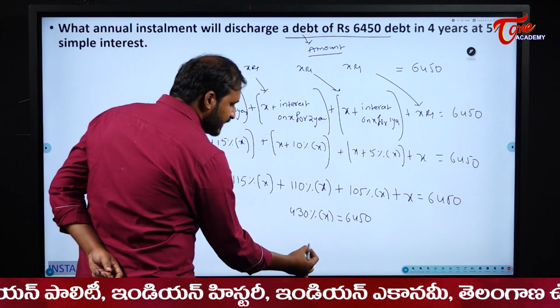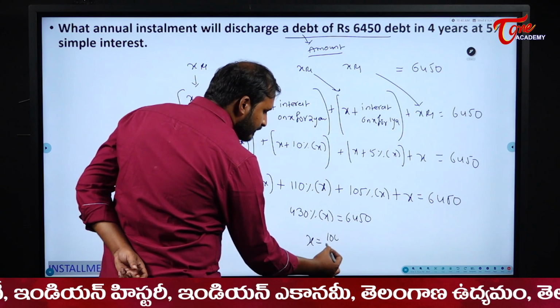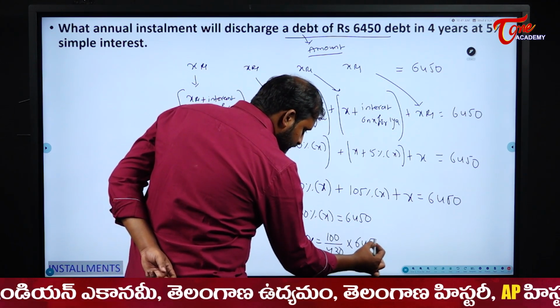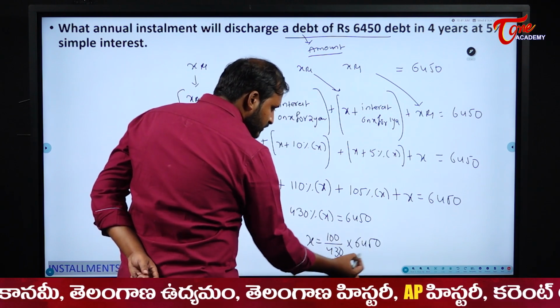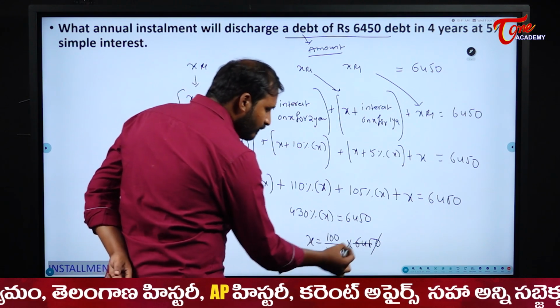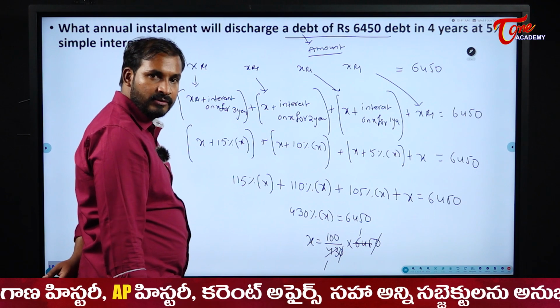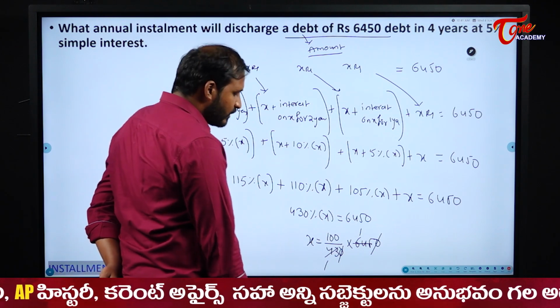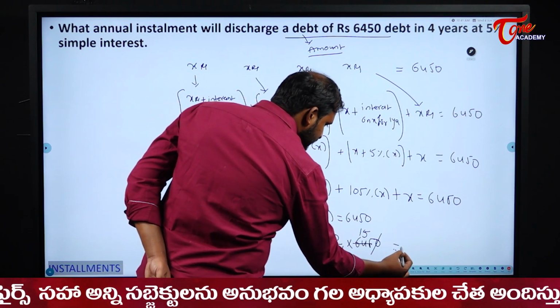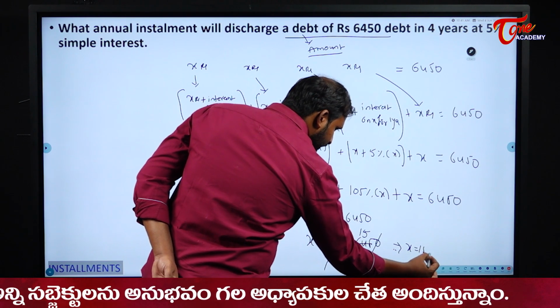So now what happens to my x? x is 100 by 430 into 6450. The zeros get cancelled. 43 ones are 43, 43 ones are 43, you will be left with 215, which is 5 times. So x is equal to 1500.